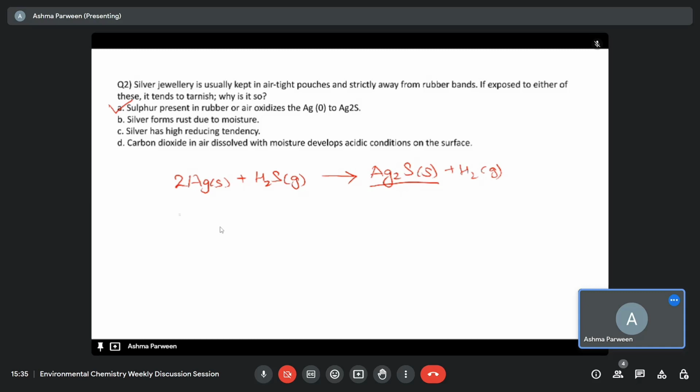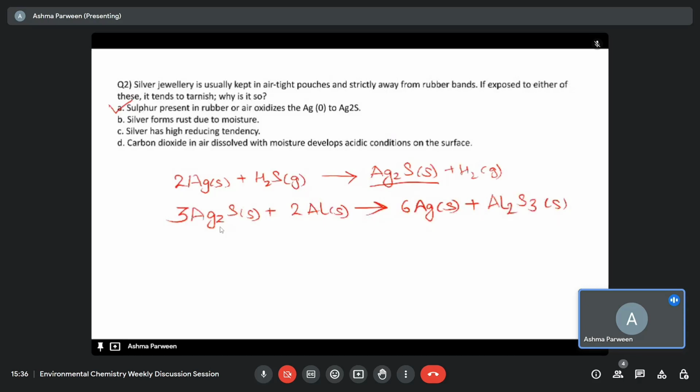So if we have Ag2S solid and we add aluminium solid, this will give us silver in pure solid form, along with aluminium sulfide. So tarnishing of silver is due to sulfur in the air or rubber band. Let's move to the next question.